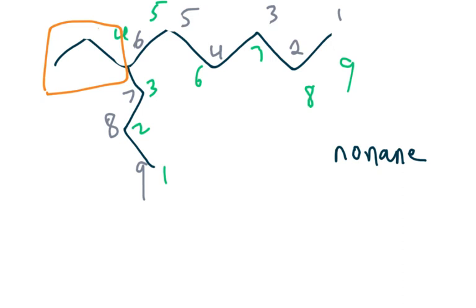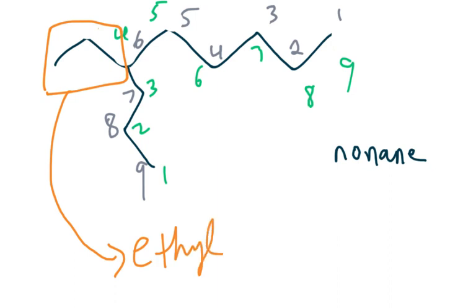First of all, what's this substituent called? We should know by now that this substituent is an ethyl substituent because it's a 2-carbon substituent off of the parent chain. Now that we know it's ethyl, if we look at the green numbering, this carbon right here is where the substituent comes off of. That's carbon 4 in terms of the green numbering, which is starting from here and going that way.